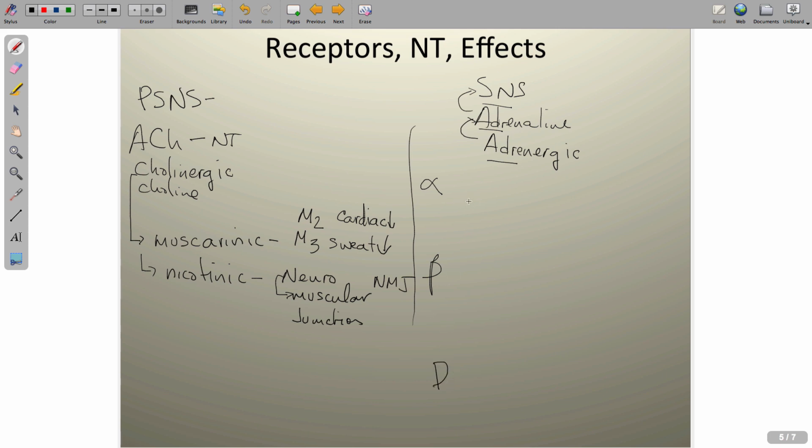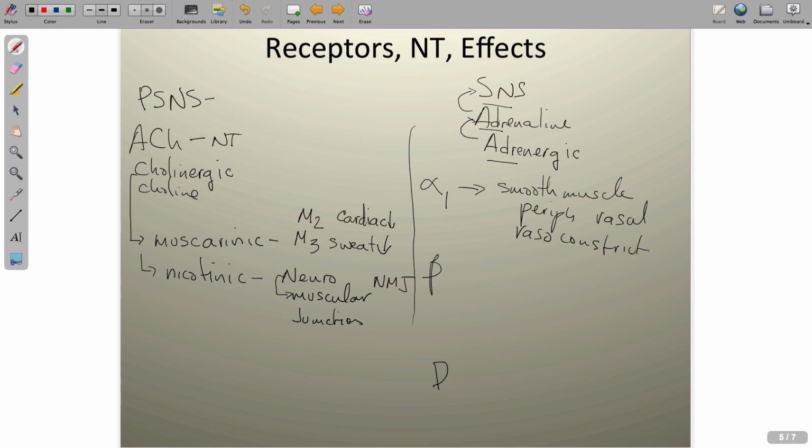All right, so let's look here first. Alpha receptors come in two flavors, alpha 1 and alpha 2. For our purposes, the only one we need to be familiar with is alpha 1. Alpha 1 receptors target smooth muscle cells in the peripheral vasculature, and they cause vasoconstriction.